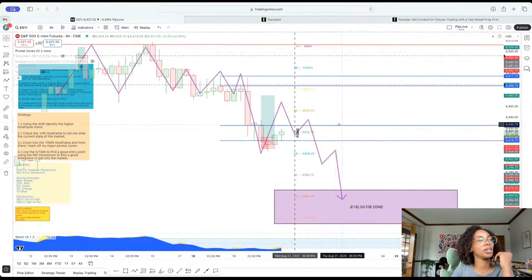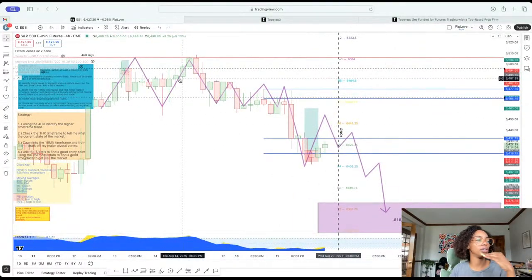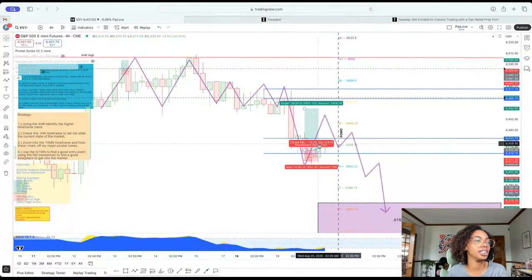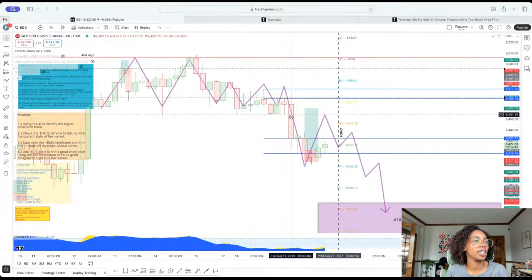So we'll see if the market follows this pattern, because it's done so in the past. So we have an idea. If it continues to buy up, we'll pull back to this breakout area here.